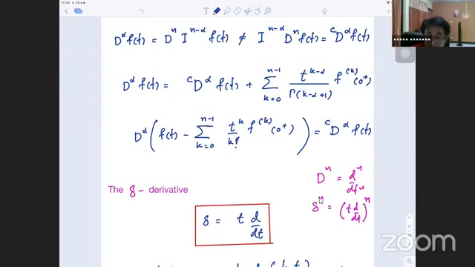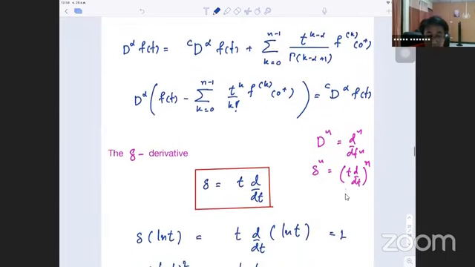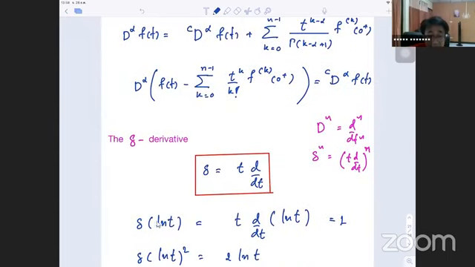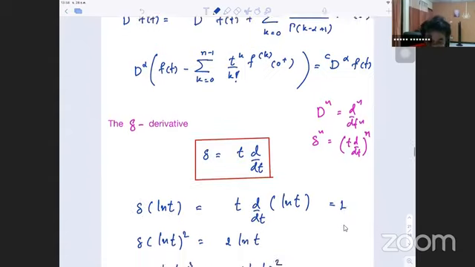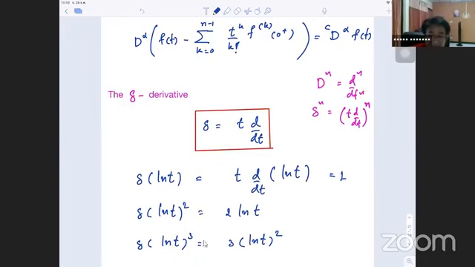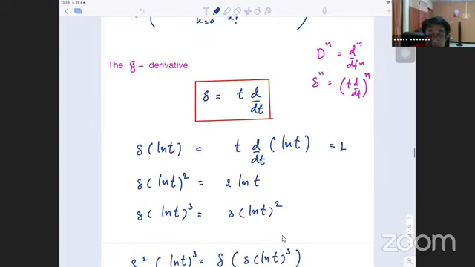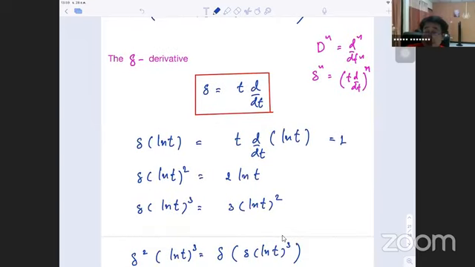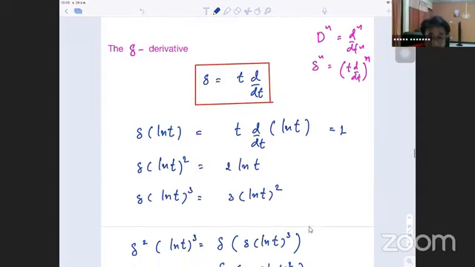The delta derivative of log t equals 1, the derivative of log t squared equals 2 log t, and the derivative of log t cubed equals 3 log t squared. It seems like the derivative of a power function.